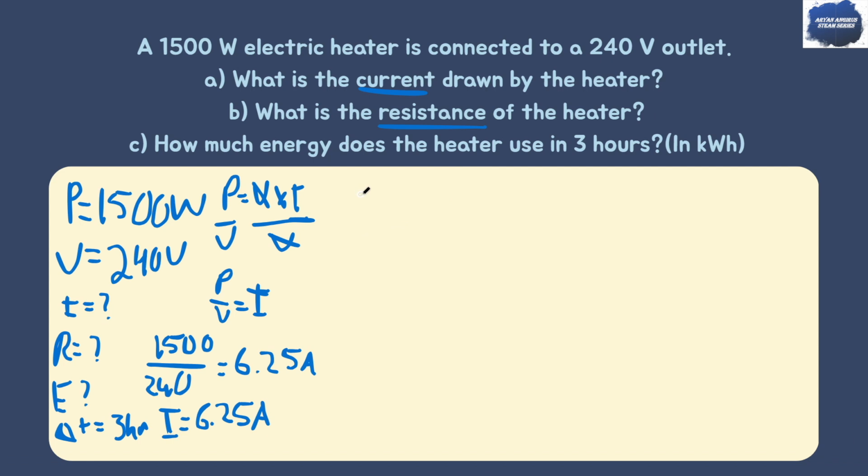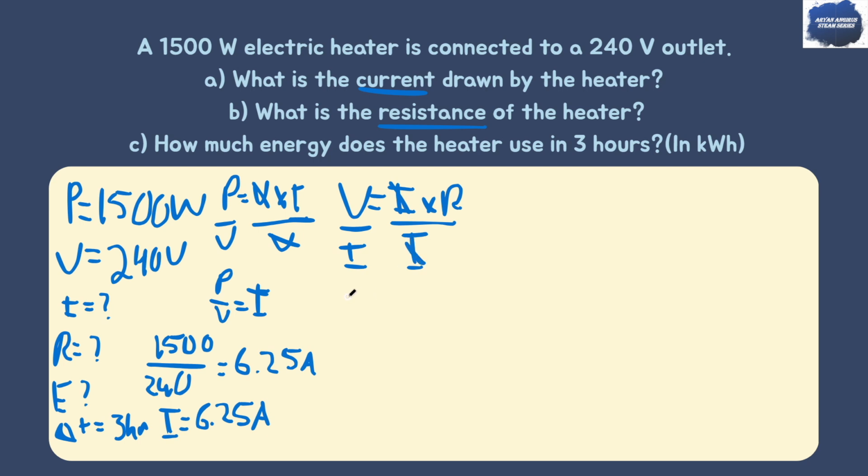Next, let's tackle resistance. So for resistance, we will need to use Ohm's law, which is V equals I times R. We will divide everything by I, because we're trying to find resistance.